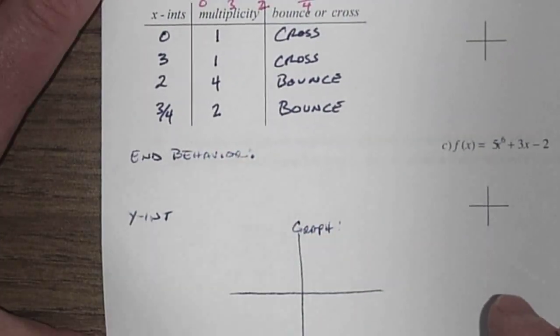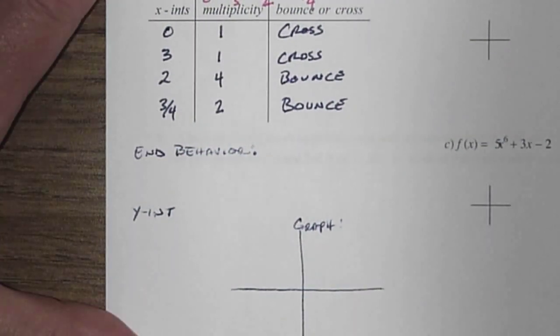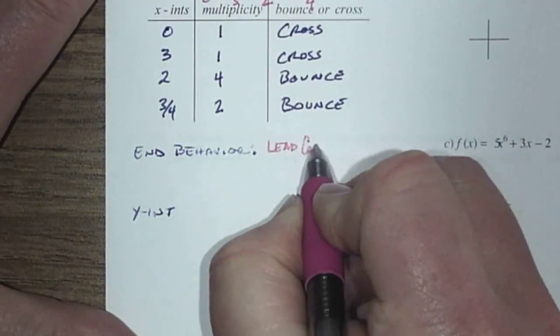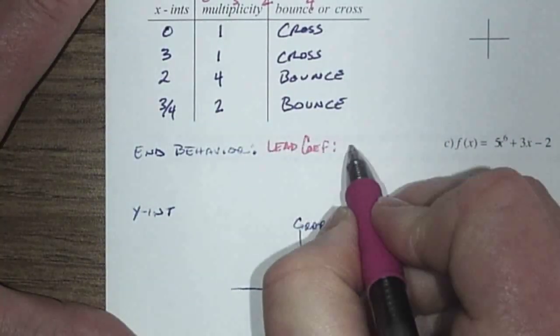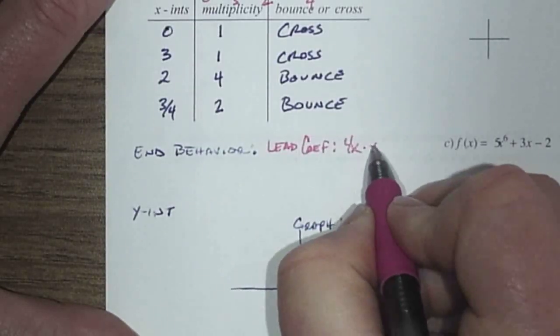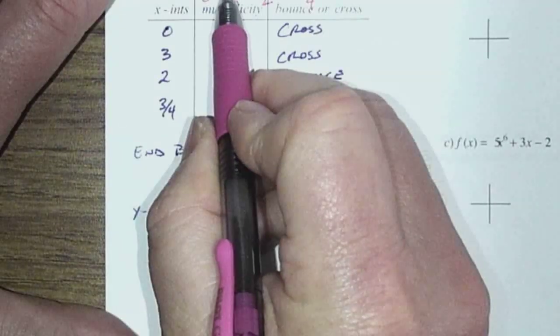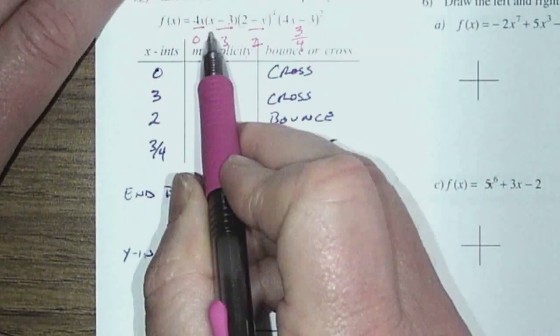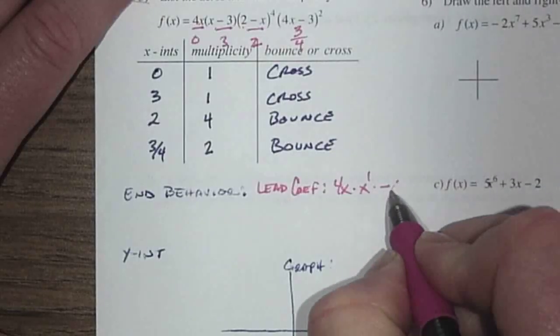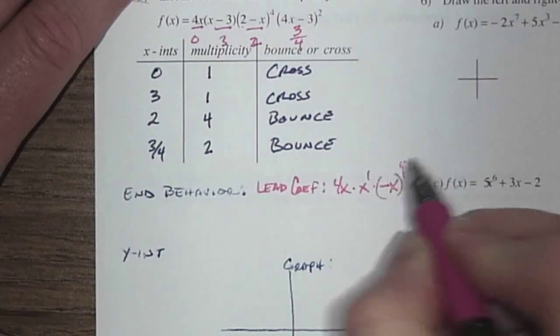What is the end behavior? For end behavior, we have to find the leading coefficient. To do that, we take the 4x times the x to the first from here, times the negative x to the fourth.